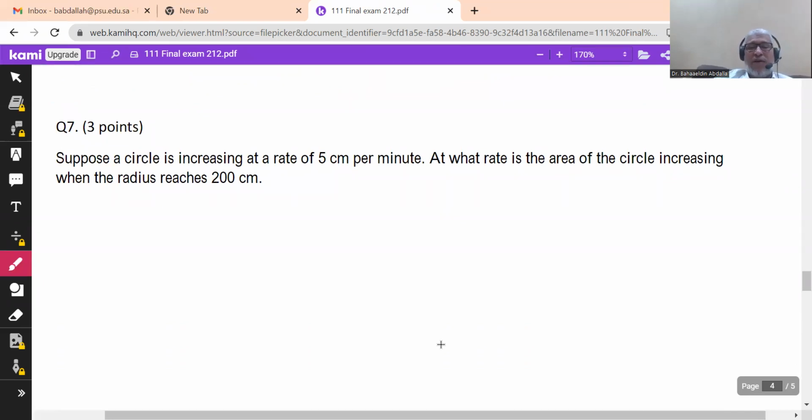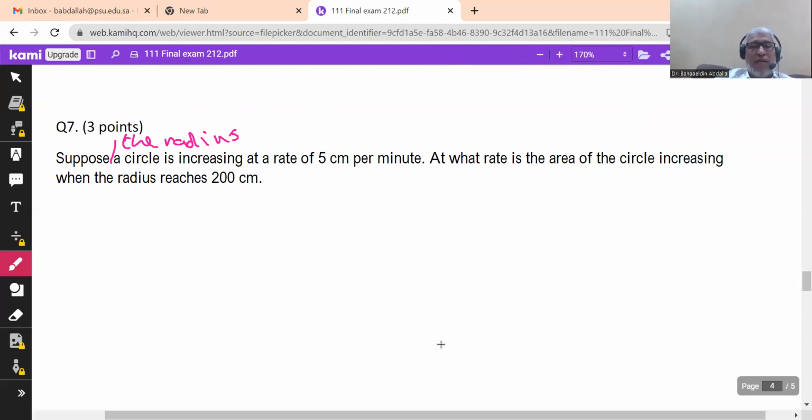Suppose that the radius of the circle is increasing at a rate of 5 centimeters per minute.